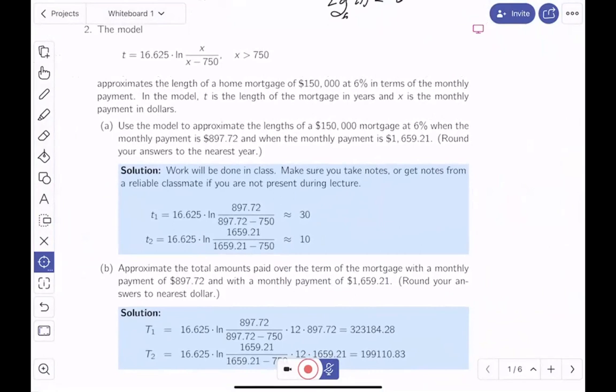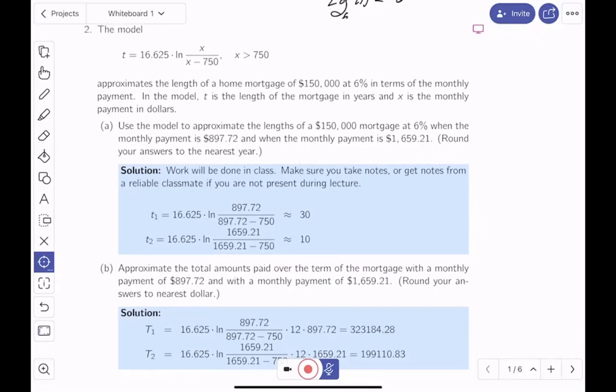In the model, T is the length of the mortgage in years. It's important when you're reading these things that you can always go back and reread it if you can't remember what they said, right? It goes on and says X is the monthly payment in dollars. It says use the model to approximate the length of a $150,000 mortgage at 6% when the monthly payment is given, and they give you 2 different monthly payments.